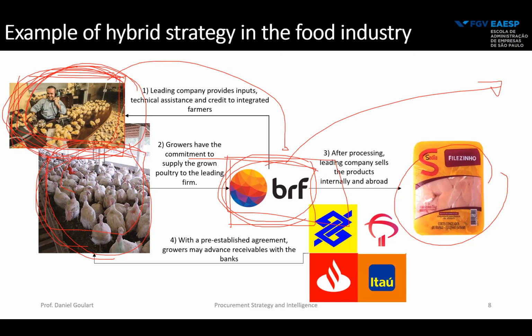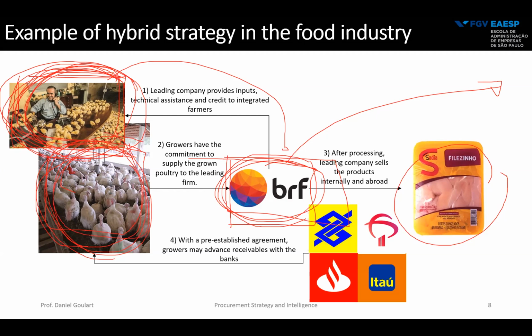How does BRF manage the risk of a lack of supply in this relation between the industry and the farmers? They put money, as Apple does with some suppliers. They put money on the game. They provide credit to those guys.